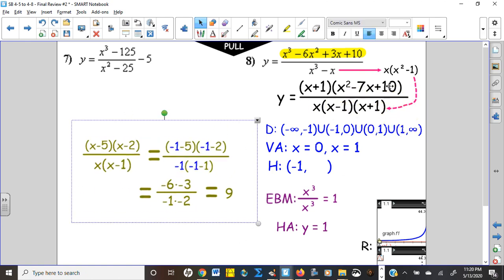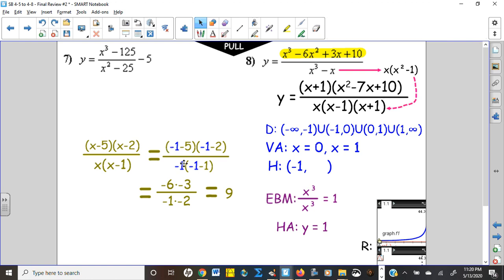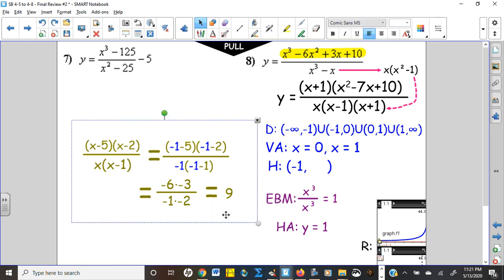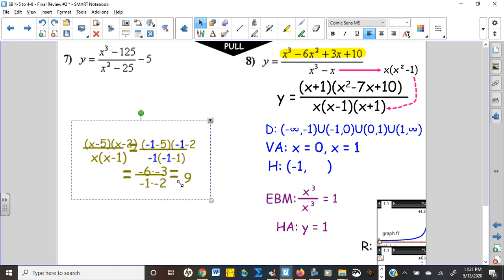It looks like in this case I did factor the top just to make it easier to multiply out, but I plug in the x value of the hole, as you can see, and looks like what I end up getting is negative 18 over negative 2, which I believe is positive 9. So positive 9 for the y value of the hole.